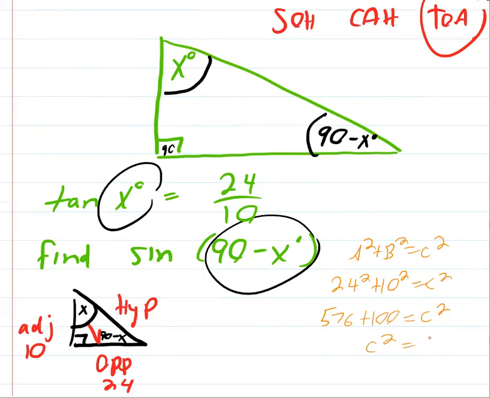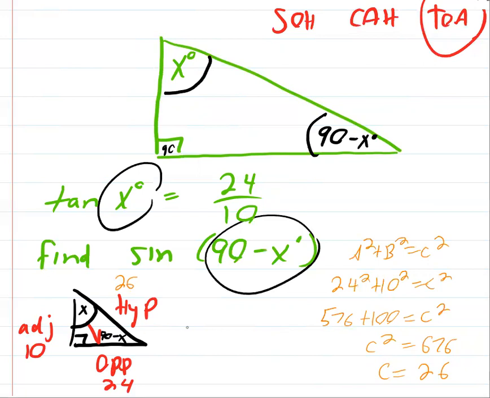C squared equals 676. And that means that the square root of this is 26. So this side has a length of 26.